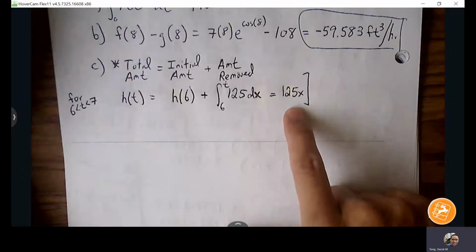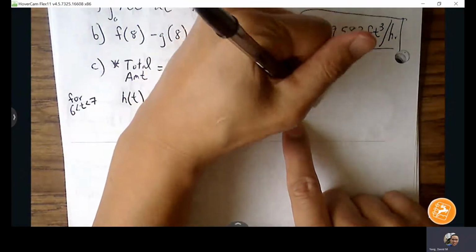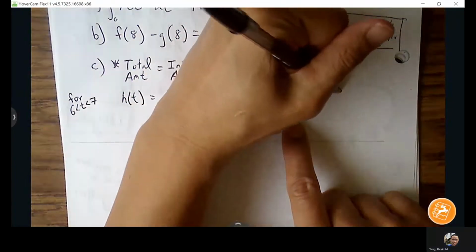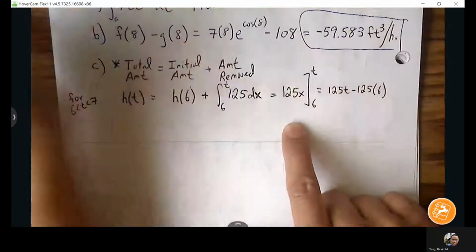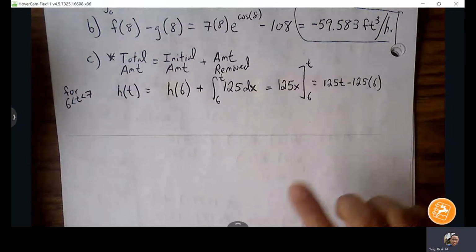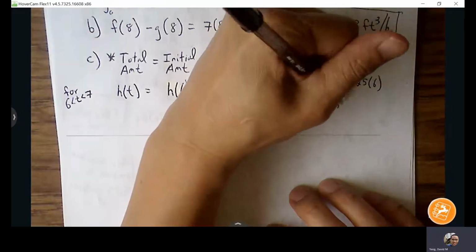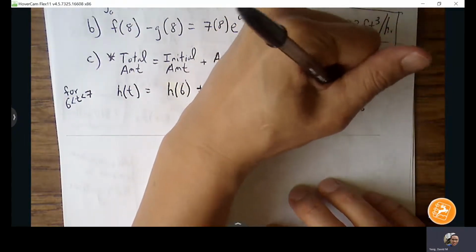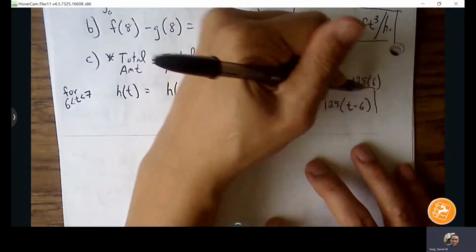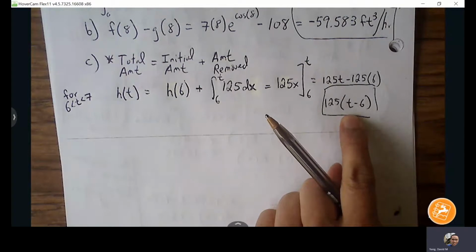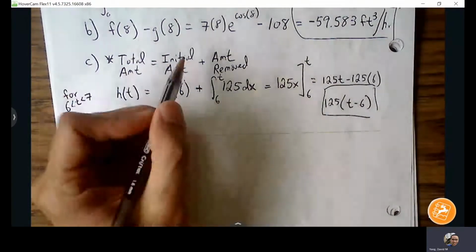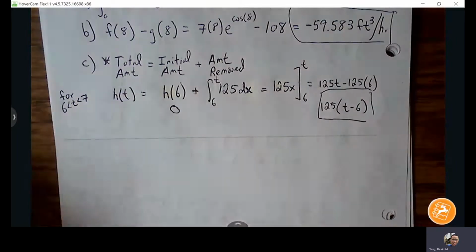A constant becomes a linear, and then we can plug in our upper and lower bound. I don't have to multiply this out. I can just make it cleaner: 125 times t minus 6. So this is the progress she's going to be able to make if we enter any t value between 6 and 7. And we know h of 6 is 0, so we don't have to worry about that.